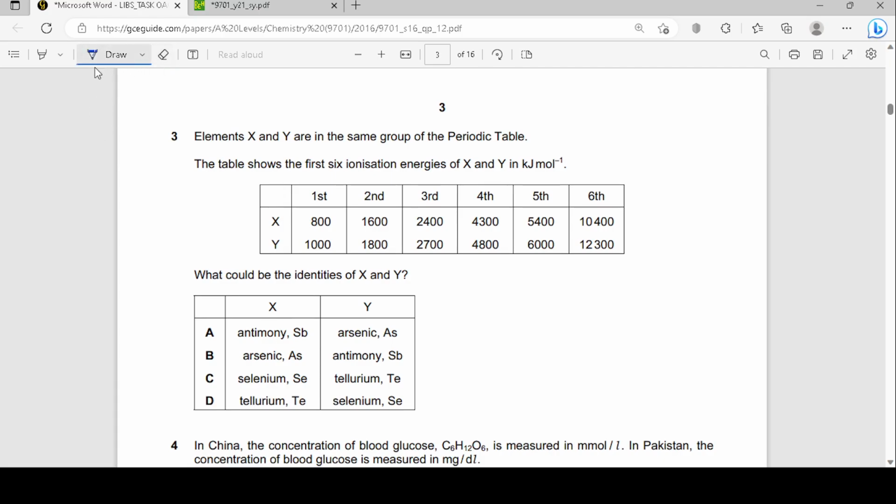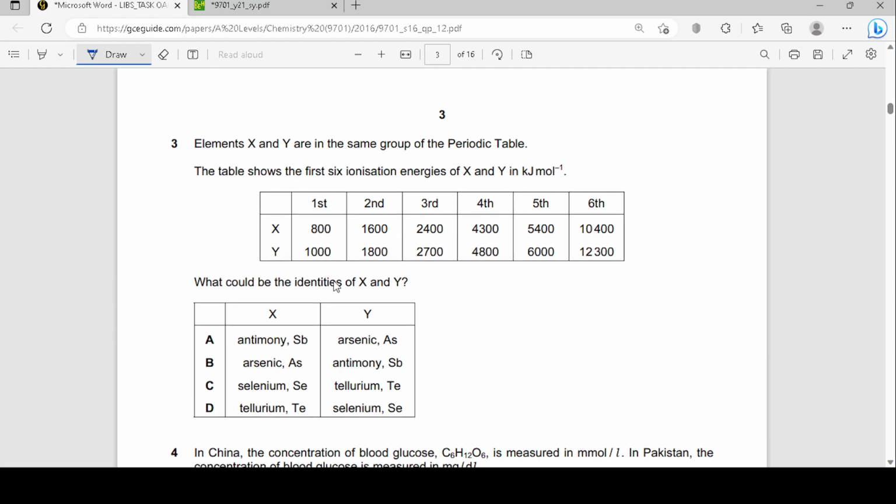Elements X and Y are in the same group of the periodic table. The table shows the first 6 ionization energies of X and Y in kilojoules per mole. What could be the identities of X and Y? Let's check the values: 800, 1600, 2400, 4300, 5400, and then 10,400.